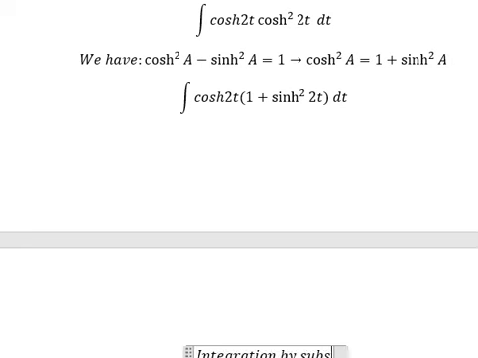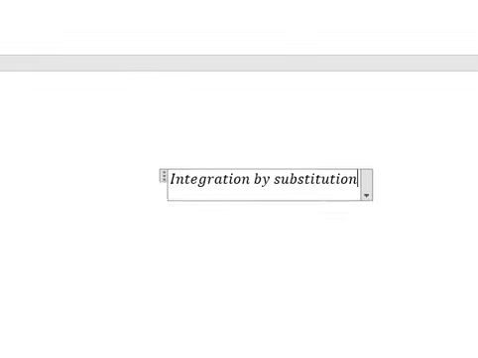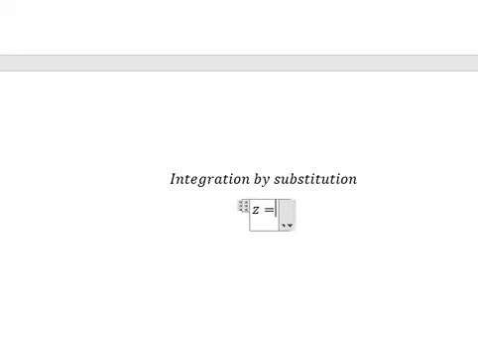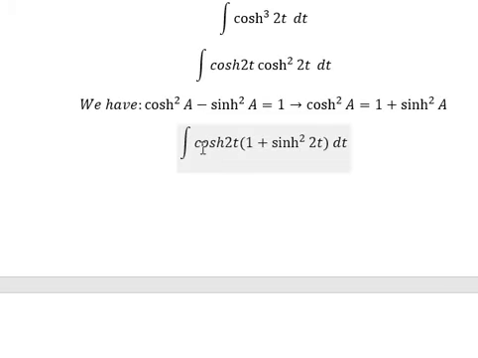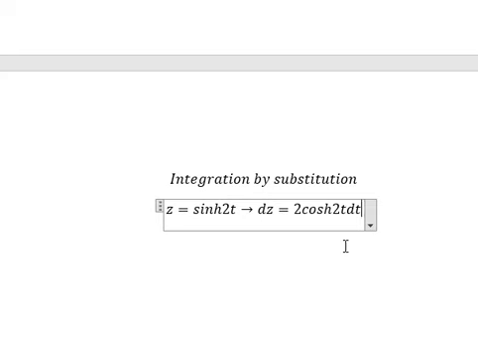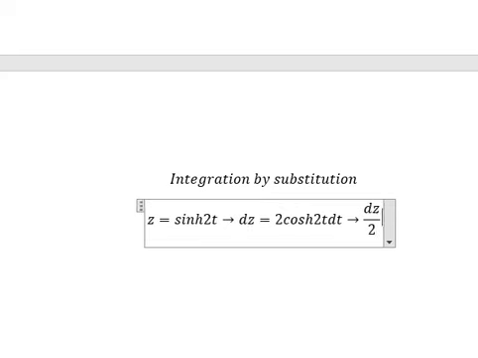by substitution. So I will put z equals sin 2t. Later, we need to do first the derivative for both sides, and we have 2 cos 2t dt. Because we don't have 2, we need to divide both sides by 2.